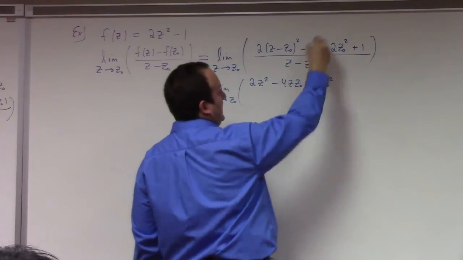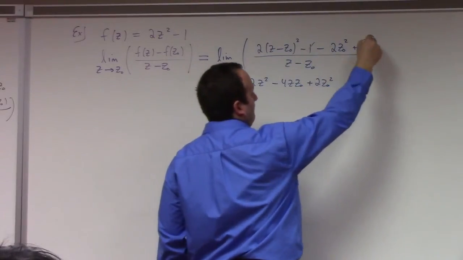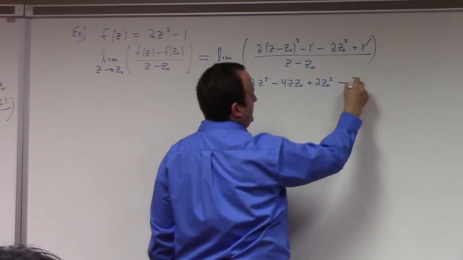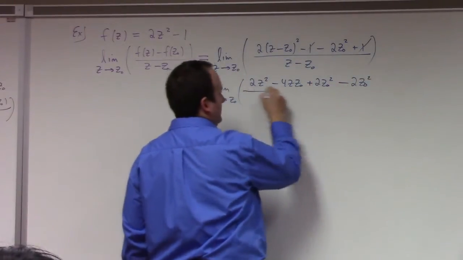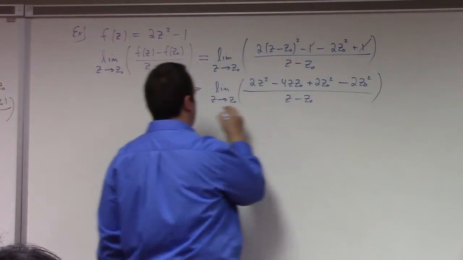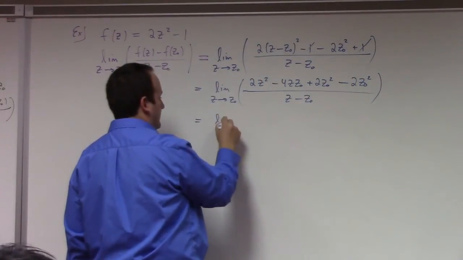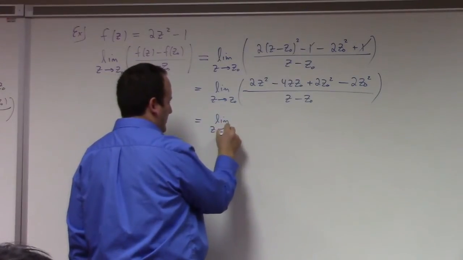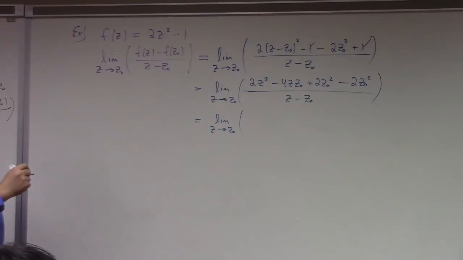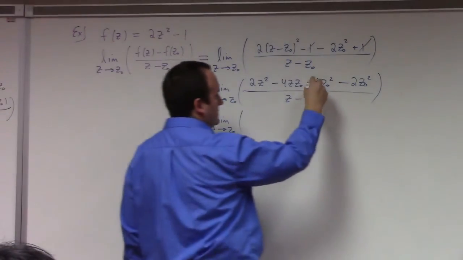So, of course, these ones canceled, right? These guys cancel. And then I've got minus 2z naught squared divided by z minus z naught. Here's where we're going to use those limit laws that I didn't prove today, but we could prove if we wanted to. It's not that big a deal. So the z naught squareds cancel, right?